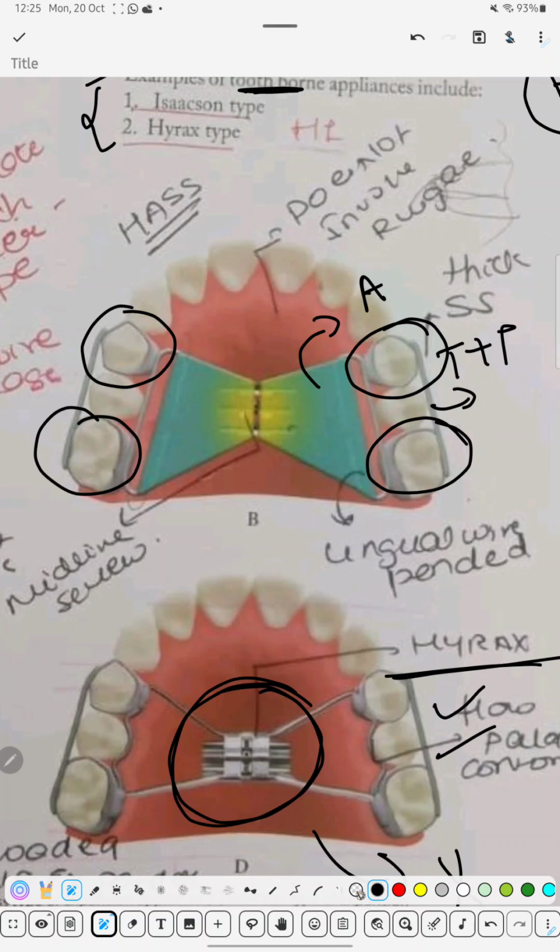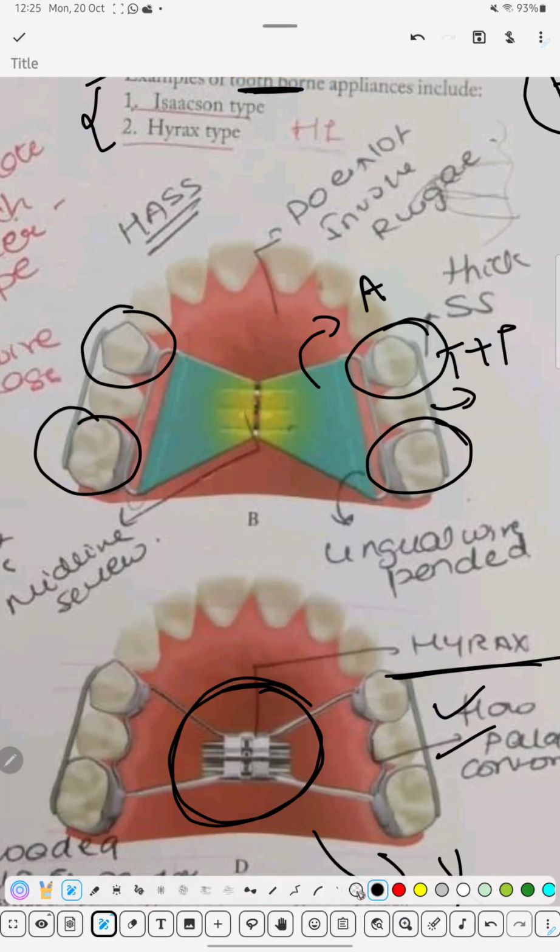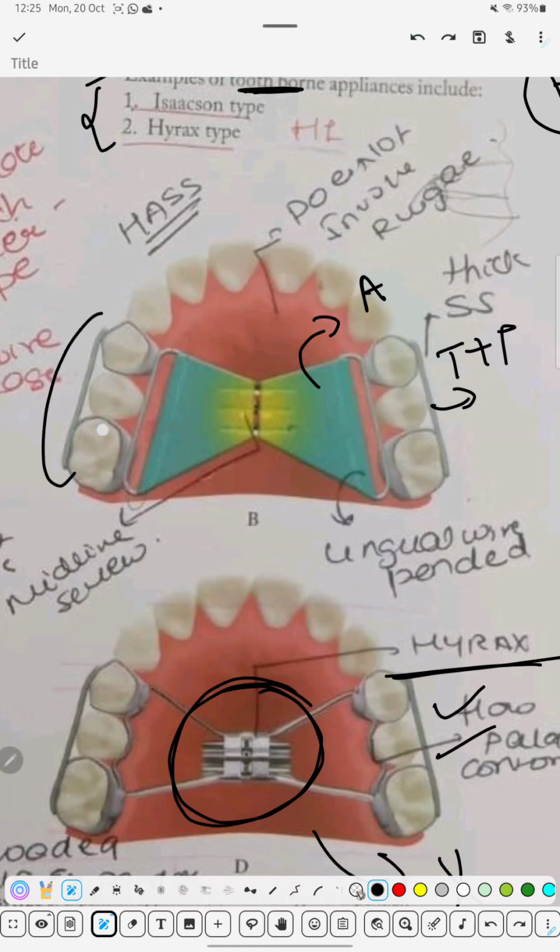A thick stainless steel wire, you all can see this wire here. This wire here is a thick stainless steel wire of diameter 1.2 mm. It is soldered on the buccal and lingual aspect connecting the premolar and molar.